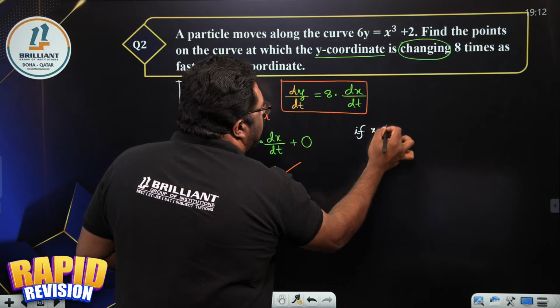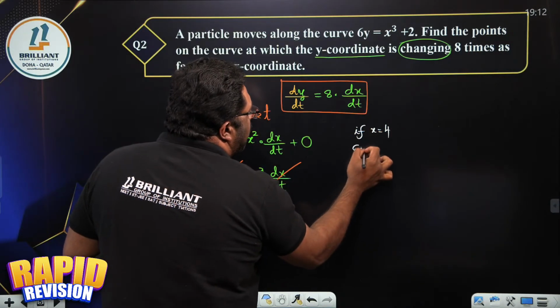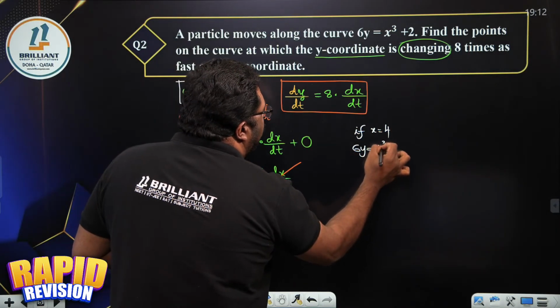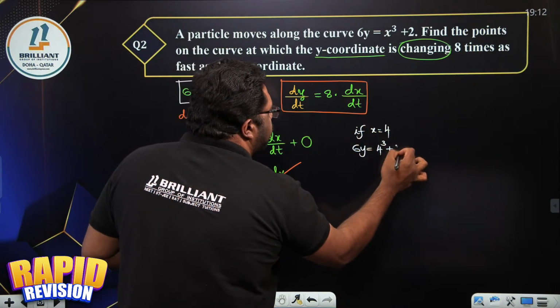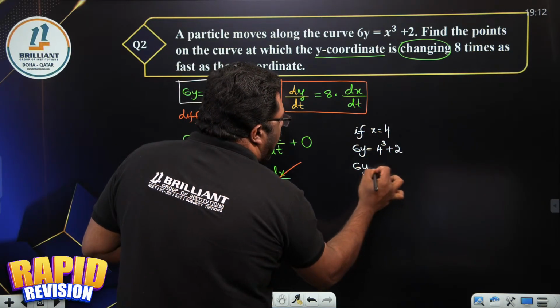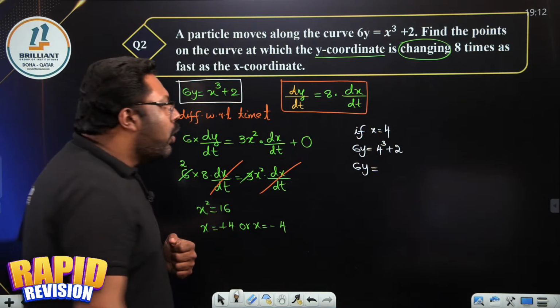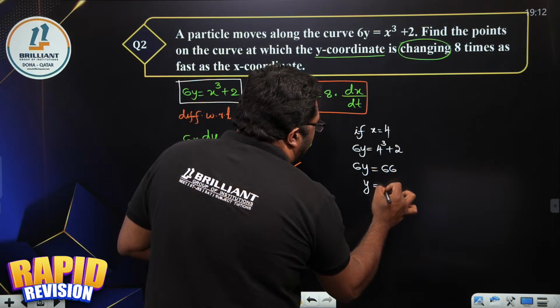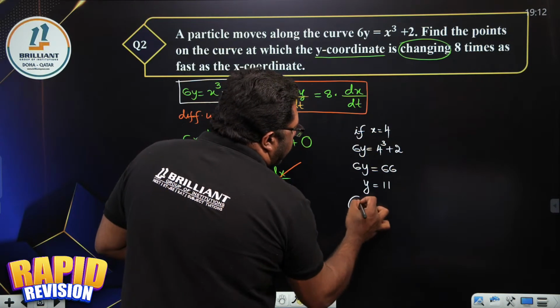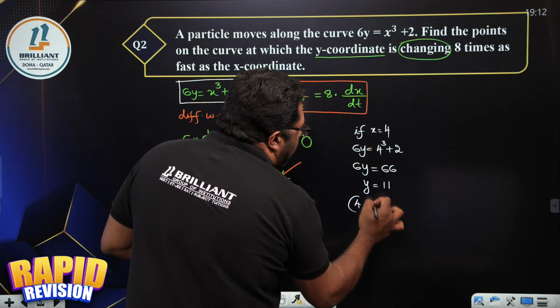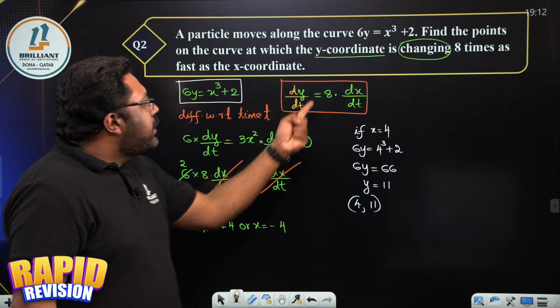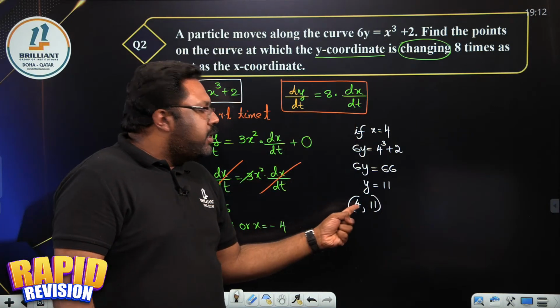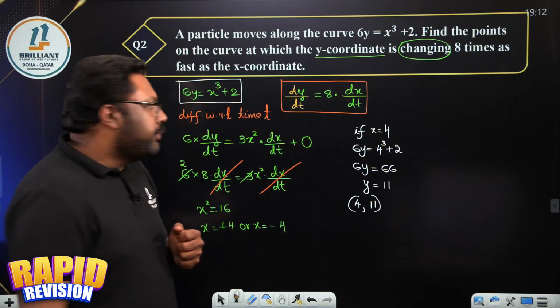If x equal to positive 4, 6y is equal to 4 cube plus 2. 6y, 4 cube 64 plus 2, 66. Y is equal to 11. So the first point where y changes 8 times faster than x is (4, 11).